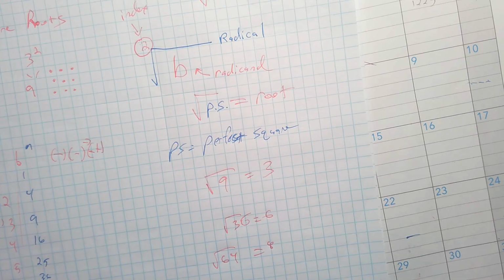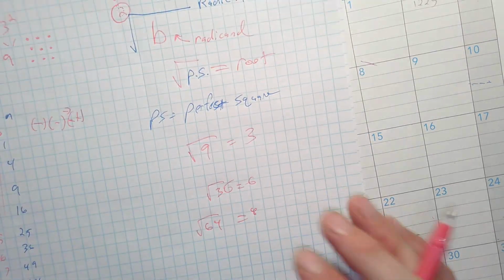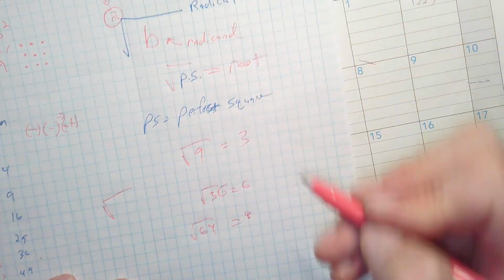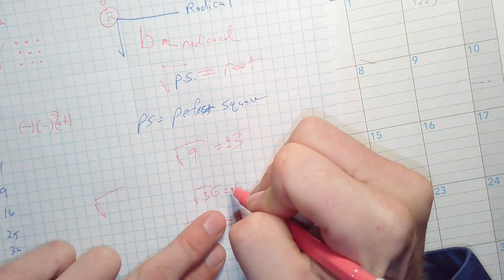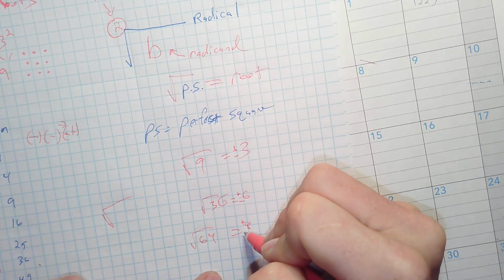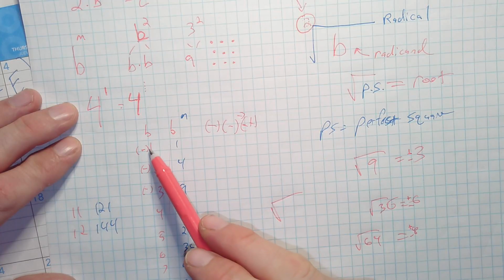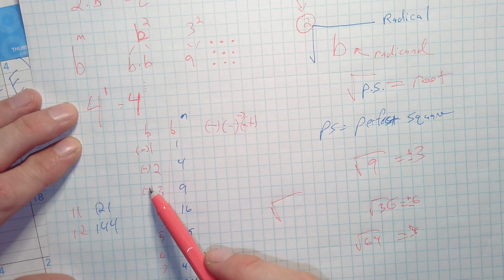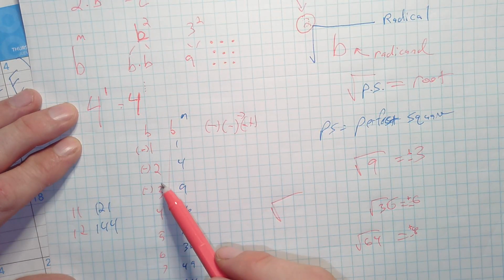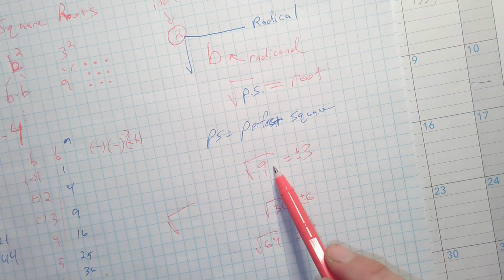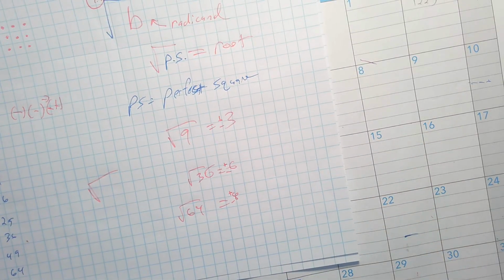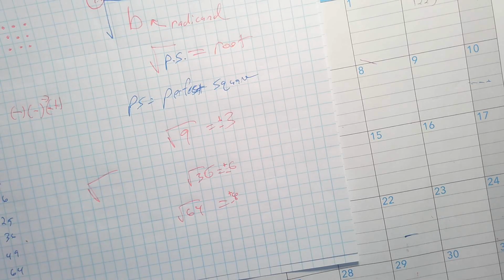Technically, if you want to be more technical, this is plus or minus each one of these, because you can square the negative or the positive variation of these and get that as a radicand. All right, so that is that.